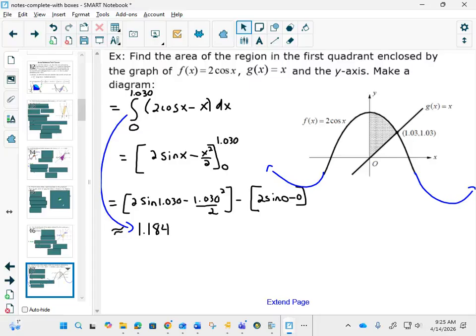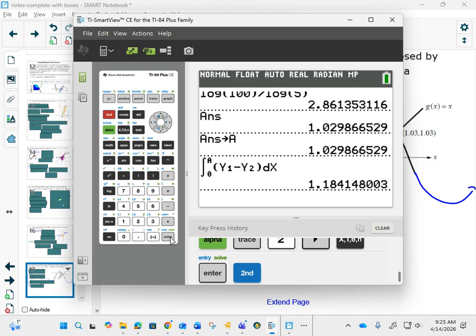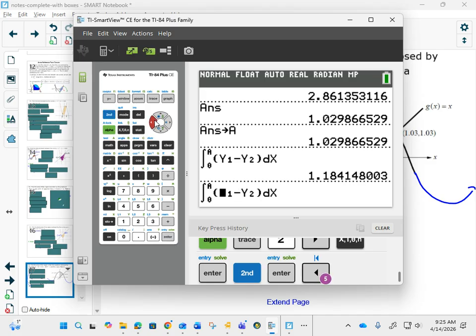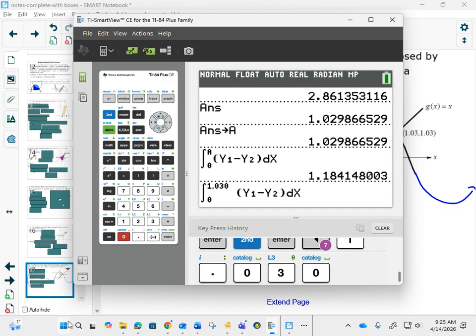I'm curious. Right? 1.03 is rounded. It's rounded correctly to 3 decimal places. I can even put 1.30 in there.